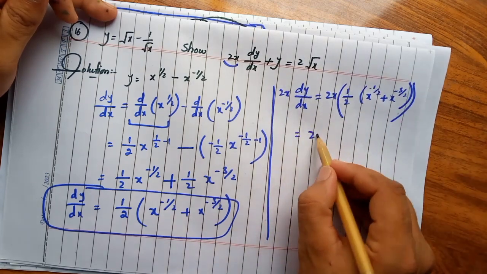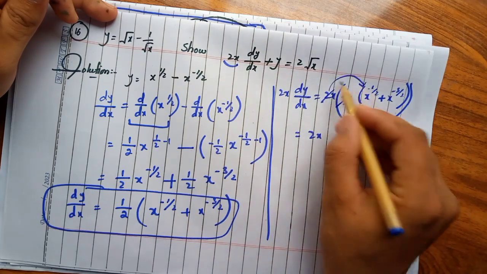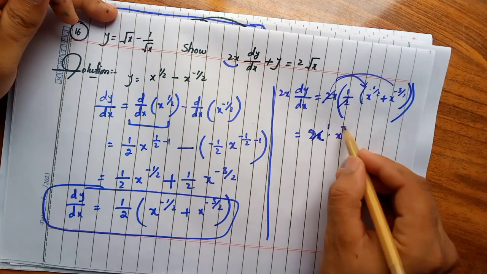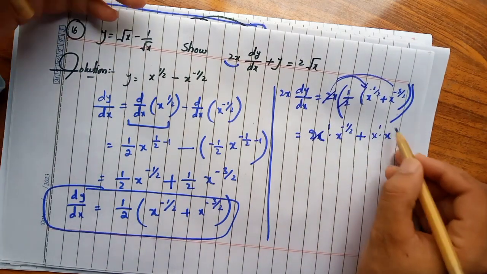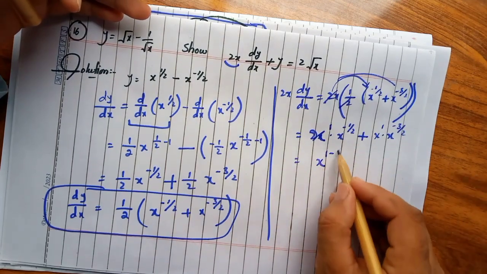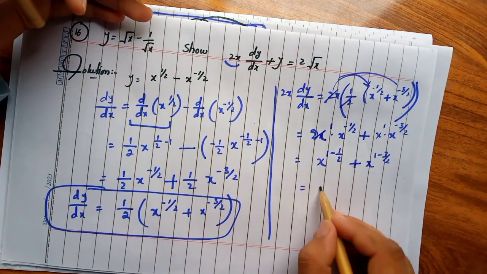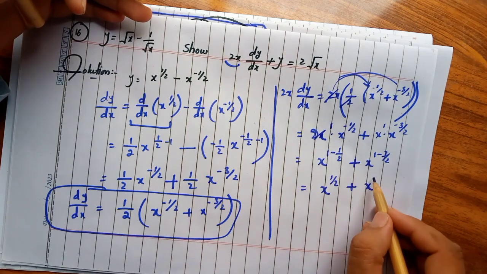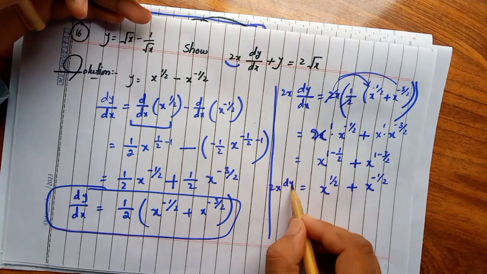The 2 will cancel out with the 2, and x multiplied with these two expressions will become x raised to the power 1 times x raised to the power minus 1 over 2, plus x raised to the power 1 times x raised to the power minus 3 over 2. So this will become x raised to the power 1 minus 1 over 2 plus x raised to the power 1 minus 3 over 2. This will become x raised to the power 1 over 2 plus x raised to the power minus 1 over 2. This is x dy over dx.